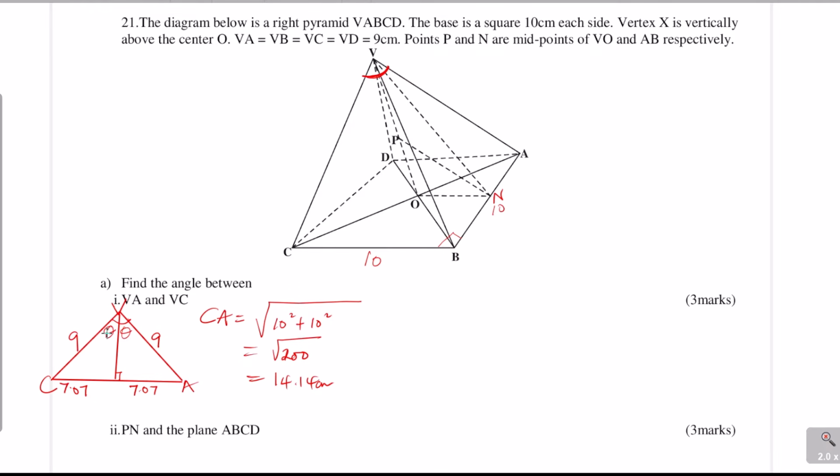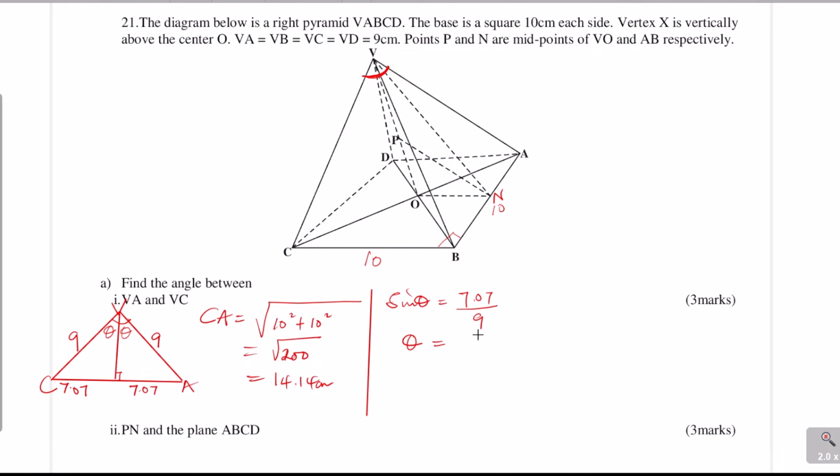So now it is possible to get this angle using trig ratios. The best one to use here is sine. Sine of angle theta is given by the opposite, 7.07, divided by the hypotenuse.